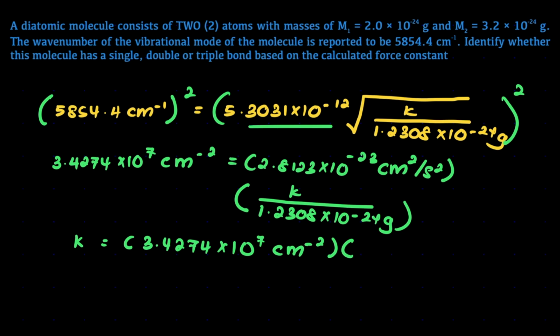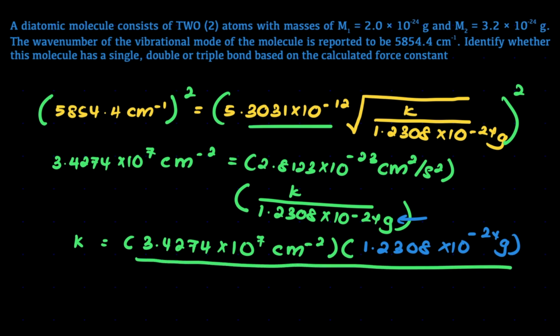And then the value of this, you're going to bring it up, so times 1.2308 times 10 to the power of negative 24 gram, and then the rest of the thing you're going to divide with this value, which is 2.8123 times 10 to the power of negative 23 centimeter square per second square.